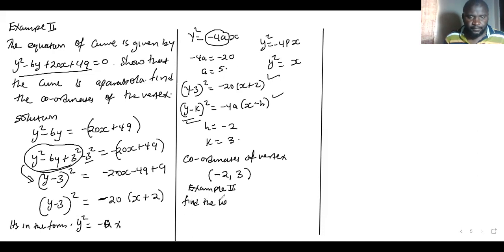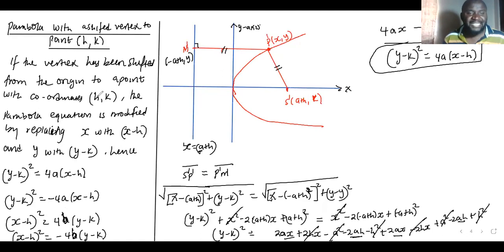Teacher, when we are getting the coordinates, don't we add the h plus k? Sorry, the h plus a. No. If you go back to the definition, we had assumed the vertex had shifted to this point, HK. It is the focus which is that.